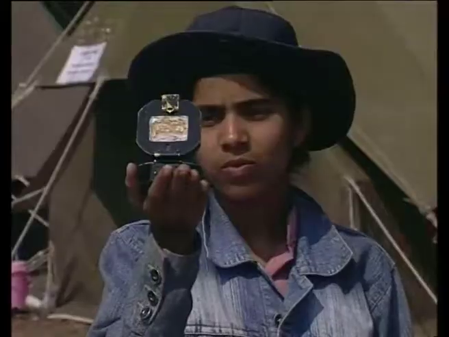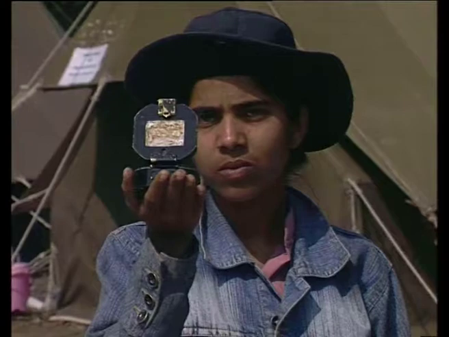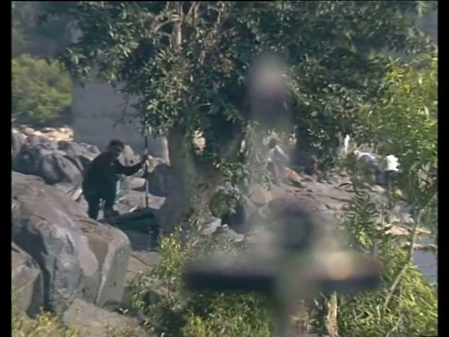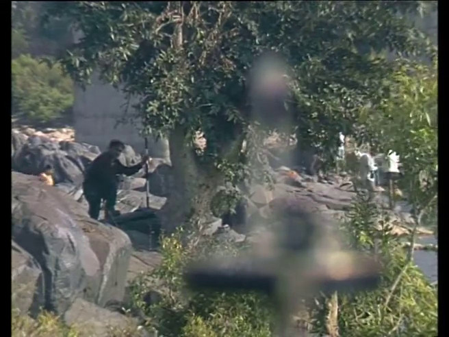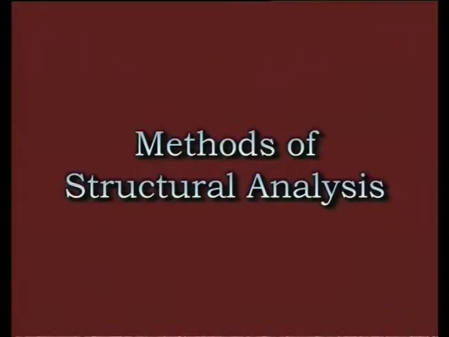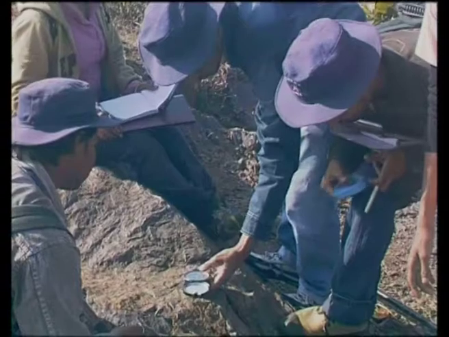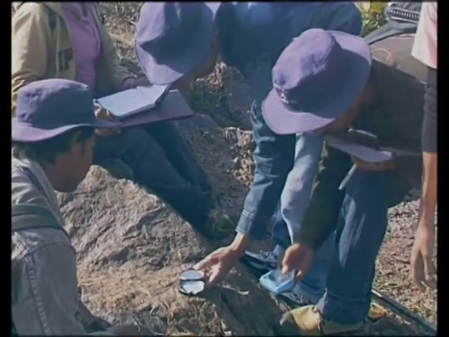For this, it is essential to understand first the orientation of the structural parameters related to each phase of deformation and also how the later phases have affected the earlier structures. For conducting the structural analysis over a large area, it is essential to do a series of things.